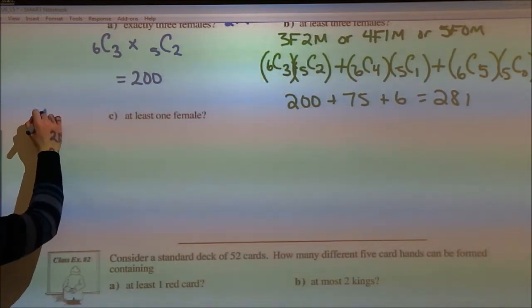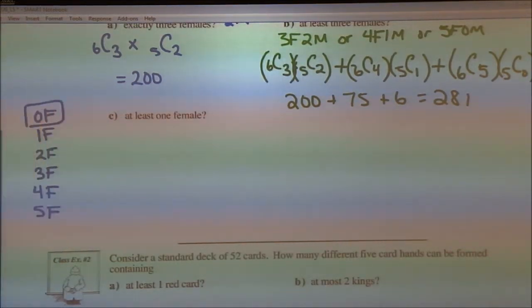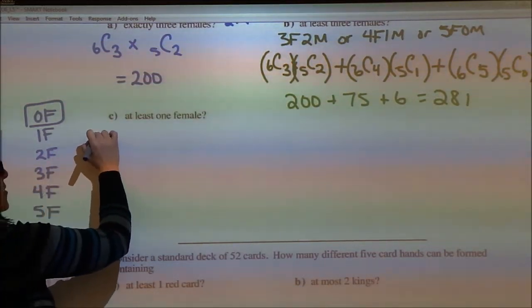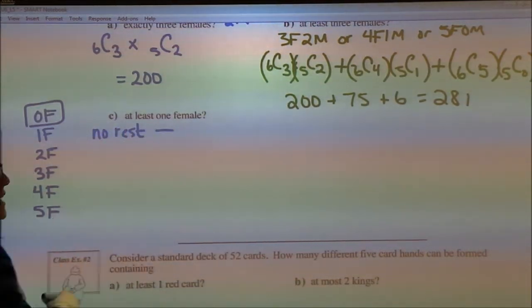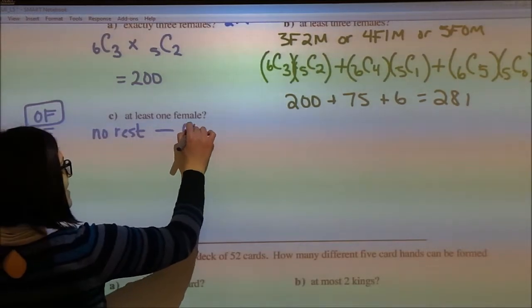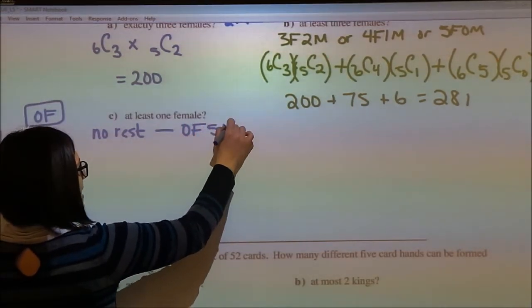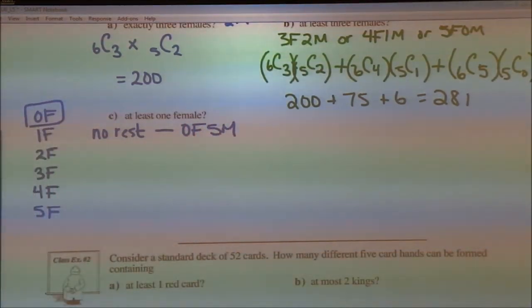So there's 2 ways that I could answer this. I could do the 6C1, 5C4, on and on and on. Or I could look at it as almost being the complement, where I look at the number of committees with no restrictions minus the number of committees with 0 females and 5 males, which will be a lot fewer steps than having to do the 1, 2, 3, 4, and 5 committees.